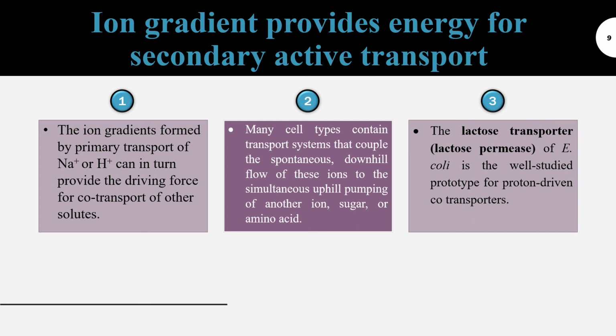Many important biomolecules are transported using this system. So it is not that ATP is hydrolyzed every time for solute uptake. Many times the sodium ion gradient and the proton gradient are also used.